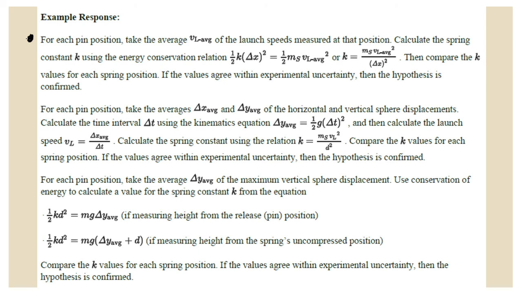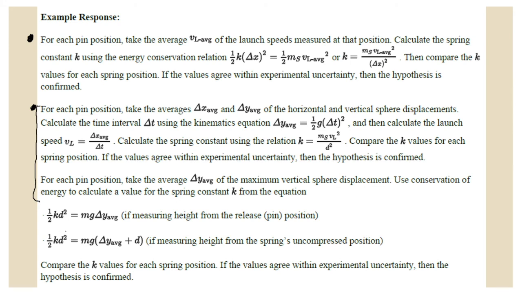If the values agree within experimental uncertainty, then the hypothesis is confirmed. Now, notice the horizontal projectile method is kind of a pain, because here you have to talk about how you use the projectile motion stuff to calculate the speed, and then use that in the conservation of energy relation. It's fine, but it's a little longer.